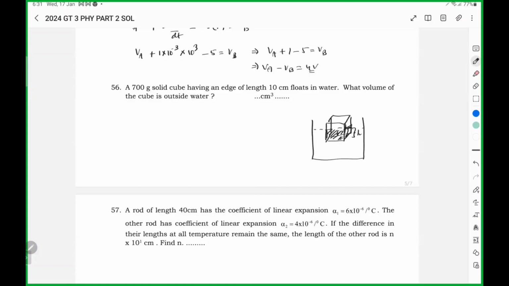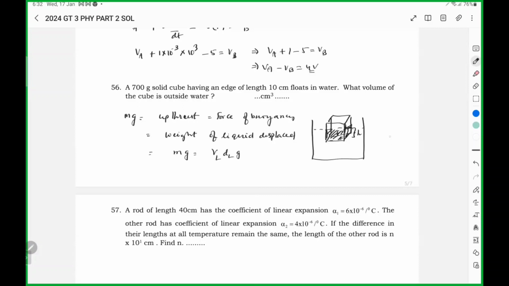So here the weight is floating, and the upthrust or force of buoyancy is nothing but the weight of the liquid displaced, which is volume of liquid times density of liquid.